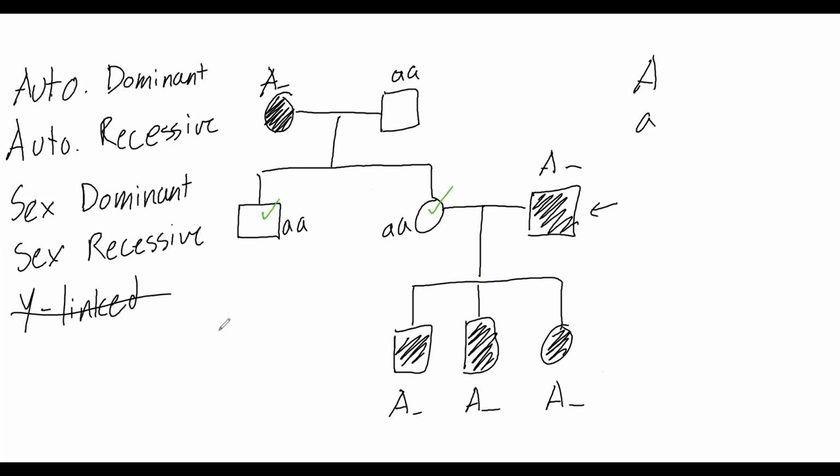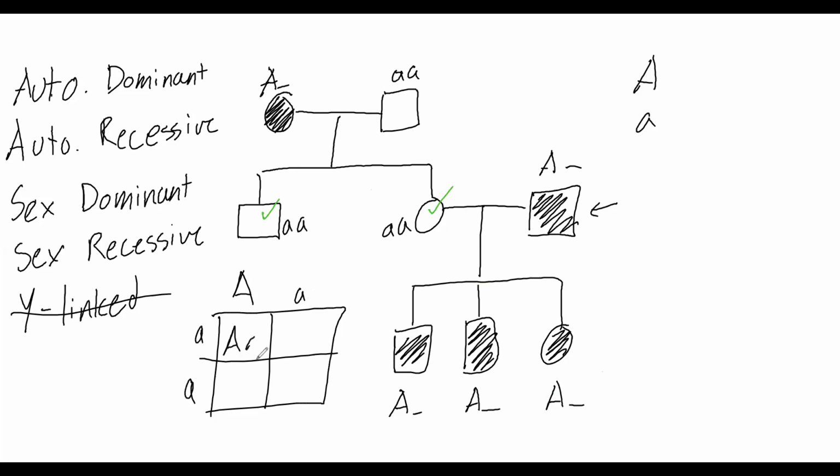I draw my Punnett square, my dominant, and I'm going to assume my blank is recessive because that allows me to test for everything. Well, it looks like it is entirely possible. So you can hypothesize that autosomal dominant is the type of gene that is connected here.